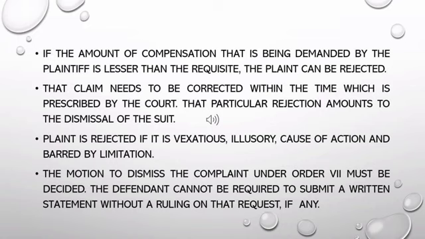The defendant cannot be required to submit a written statement before the request is ruled upon. So, where the plaint is dismissed, the defendant does not need to submit any written documents without the court's prescription.